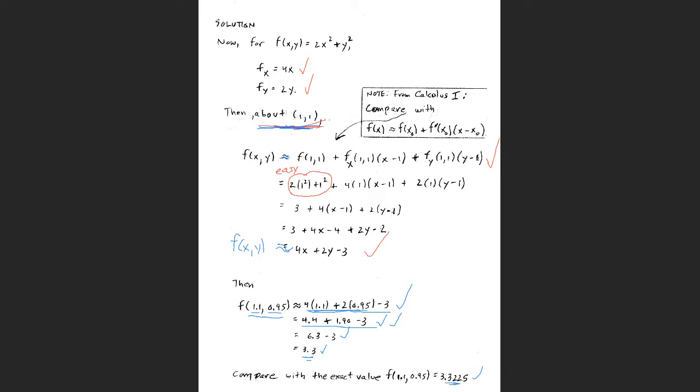Okay, now I want to show you something. So remember, we're doing a linear approximation here, but how many remember from calculus 2, could we get a better approximation than a linear approximation, you think? Think back to calculus 2.